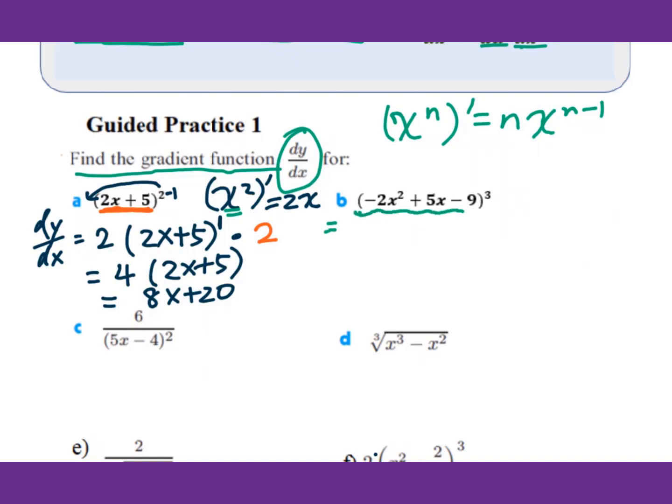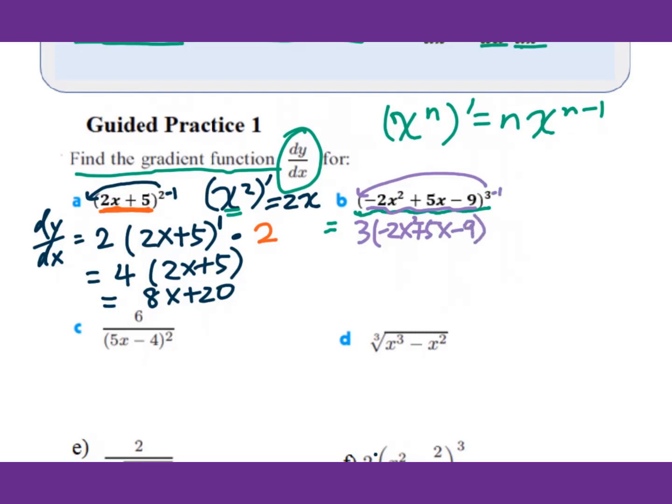Now let's go to B. We got this one to the third power. So we know that first of all, you count this as a cubic function. After you do the derivative of the cubic function, then do inside. So drop this 3 down. You will get 3 times inside, everything doesn't change.